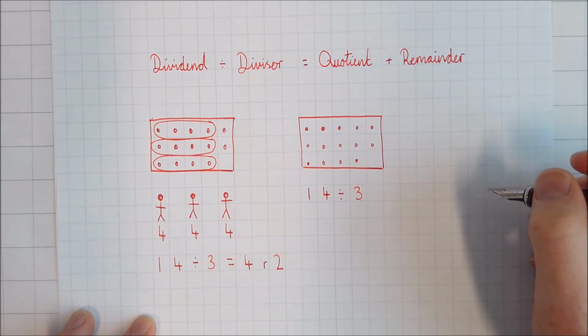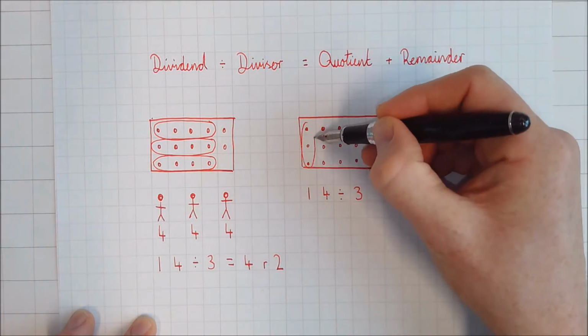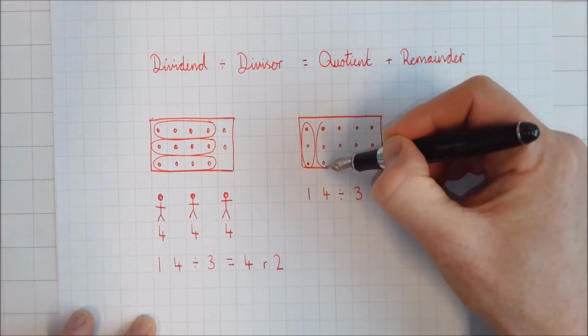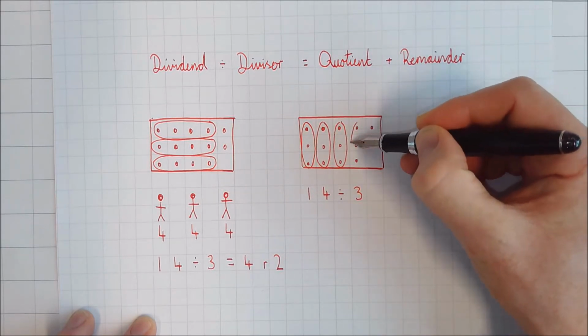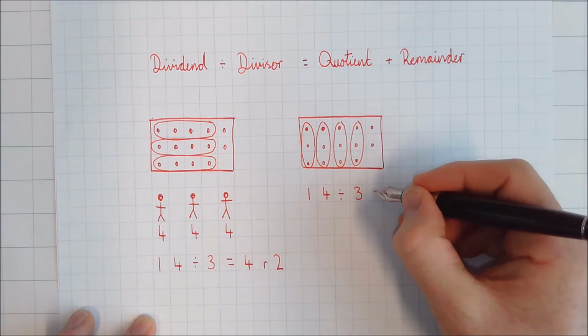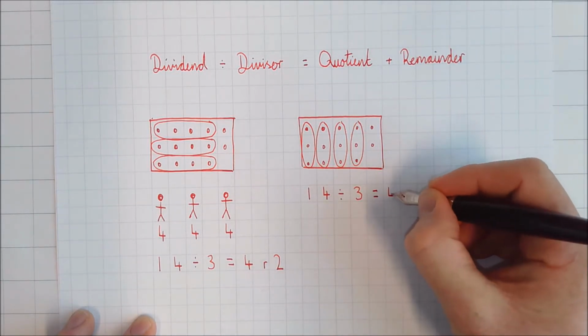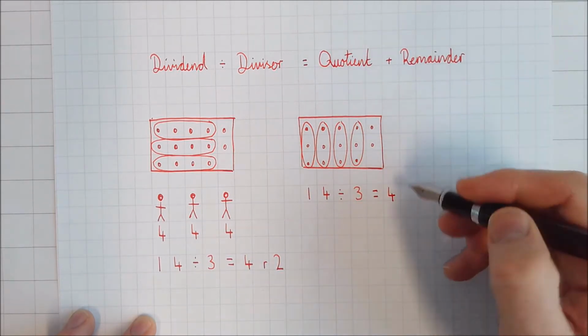So how many groups of 3 can we make? Well, let's have a look. 1 group of 3, 2 groups of 3, 3 groups of 3, 4 groups of 3. And how many do we have left over? What remains? Our remainder is 2.